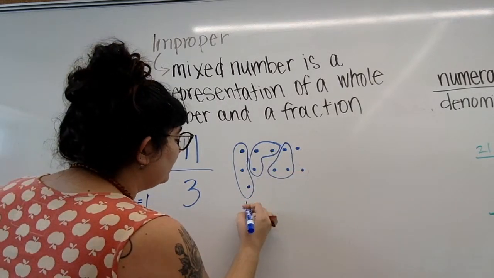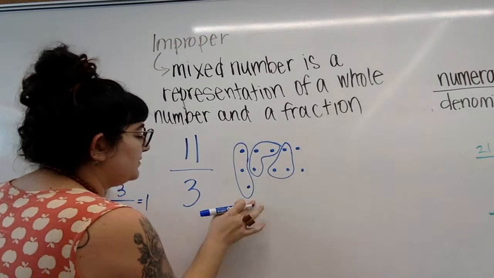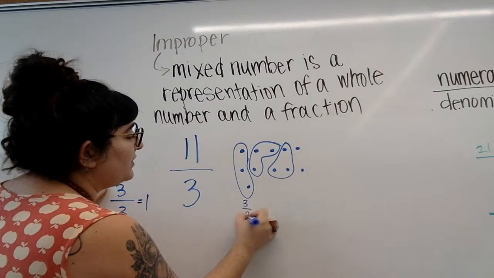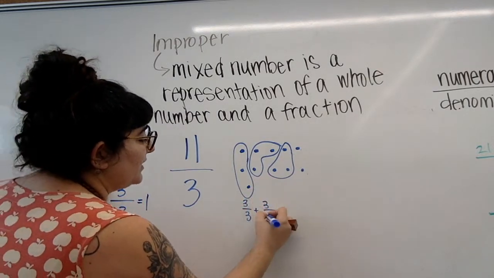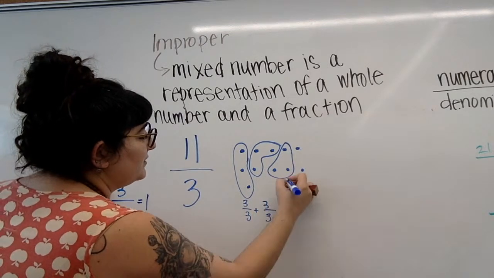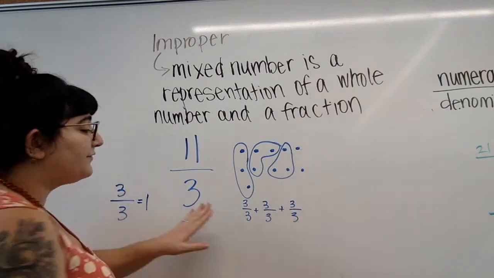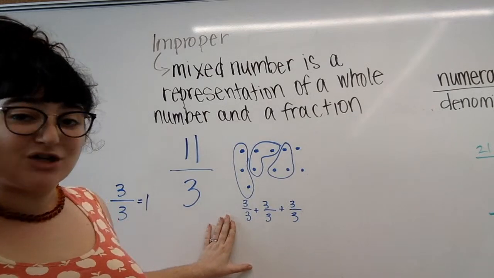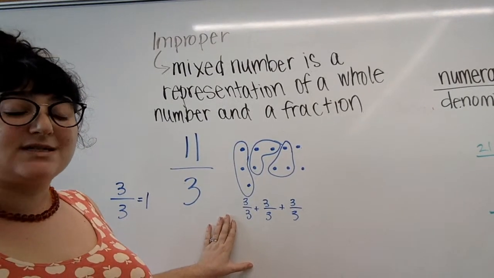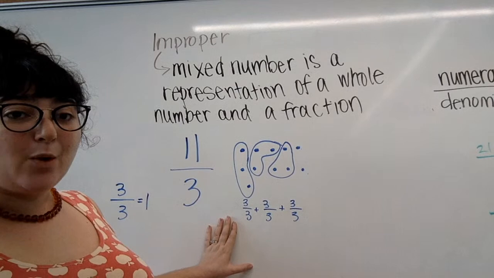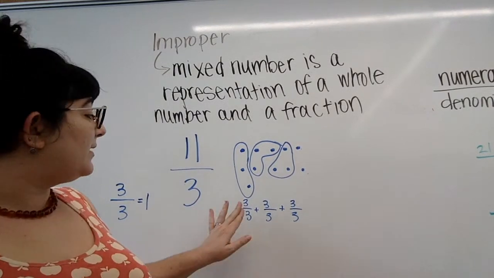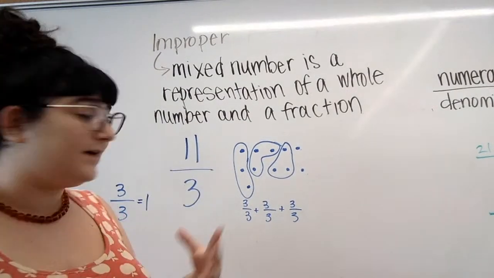Let me show this in a different way. I have 3/3 plus 3/3 plus 3/3, and from our previous discussion, we know 3/3 is equivalent to 1 whole. So 1 plus 1 plus 1 is 3.